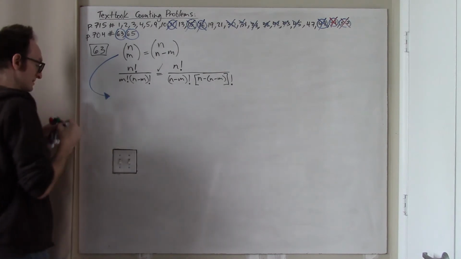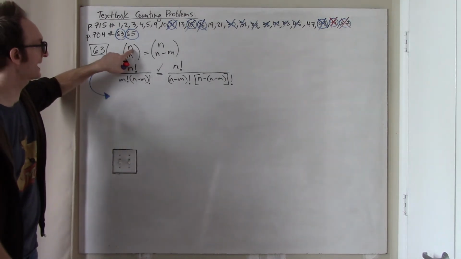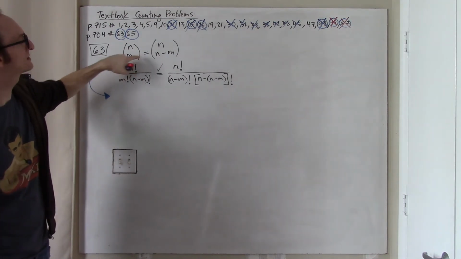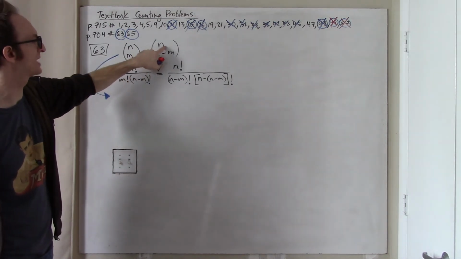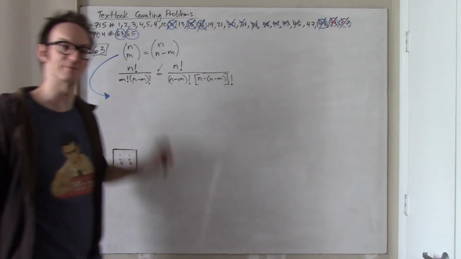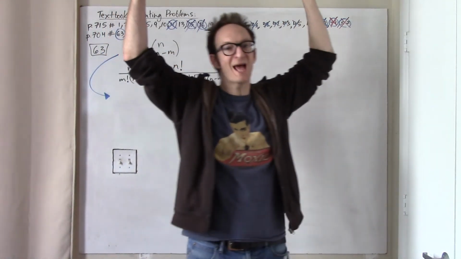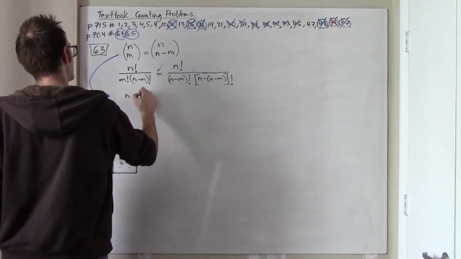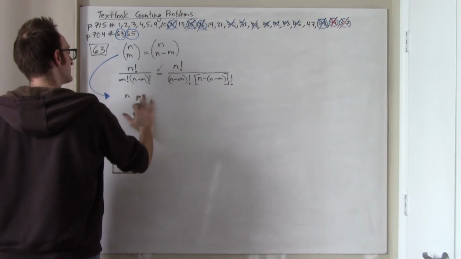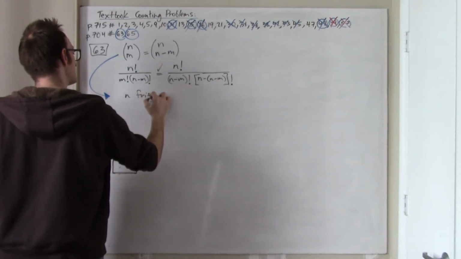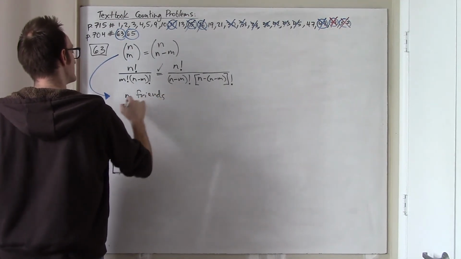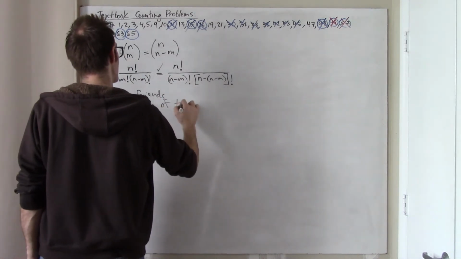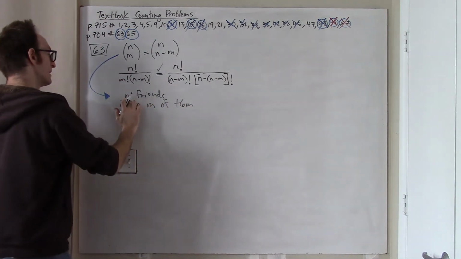Well, what it means is that if you have n objects and you want to pick m of them, the number of ways to do that is the same as the number of ways, given n objects, of picking n minus m of them. Well, this makes complete sense, because suppose you have n friends, and you need to invite m of them to a birthday party.